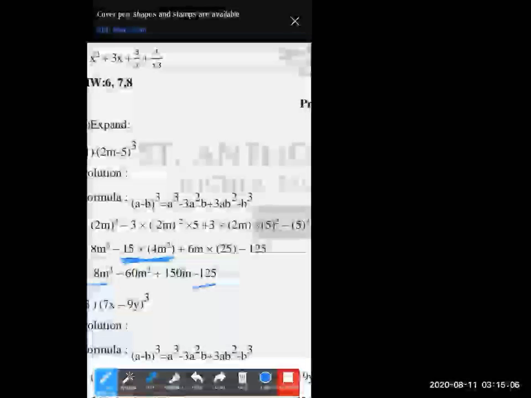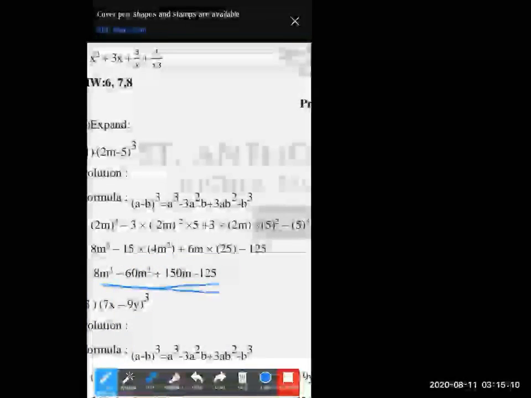So it becomes 150m minus 125. So the final answer, after using the formula and putting in the values, is 8m cube minus 60m square plus 150m minus 125.